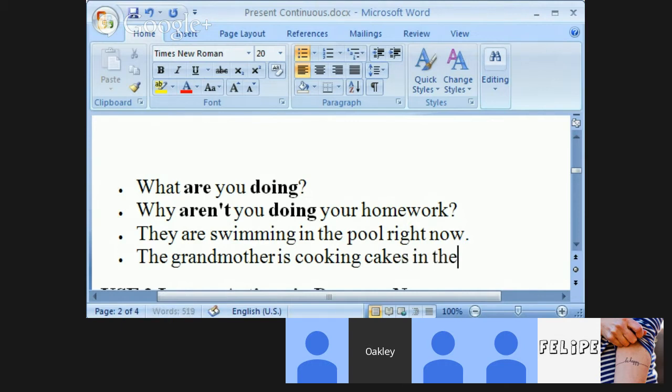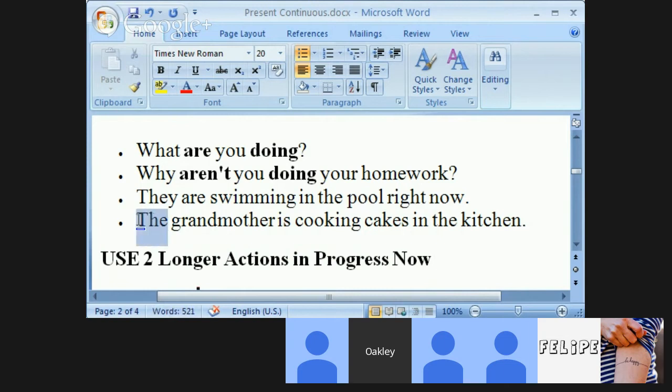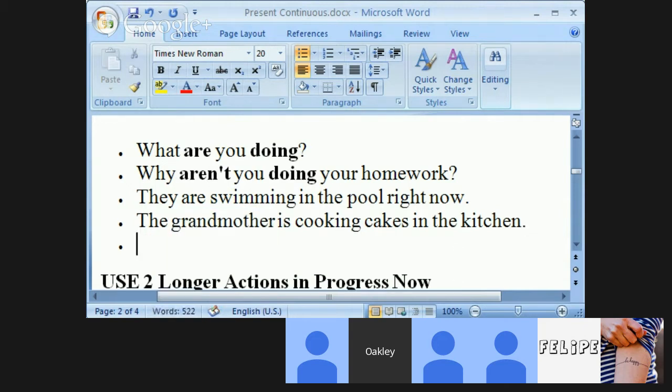Yes. Of course, use of the with the grandmother assumes that we know which grandmother you're talking about, but okay, fine, which I guess is implied because you know right where she is. Okay, that's okay.